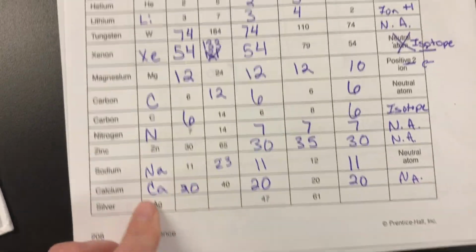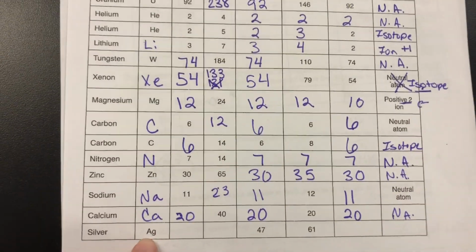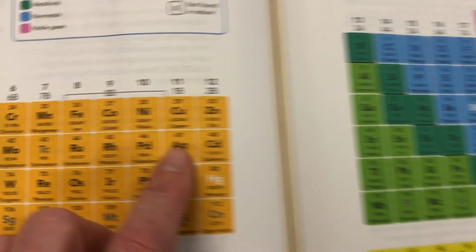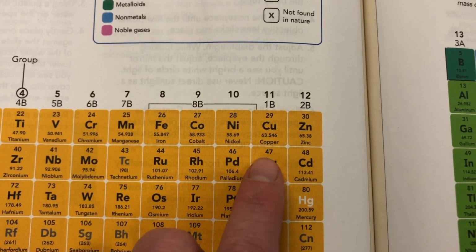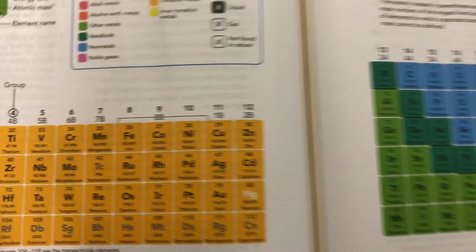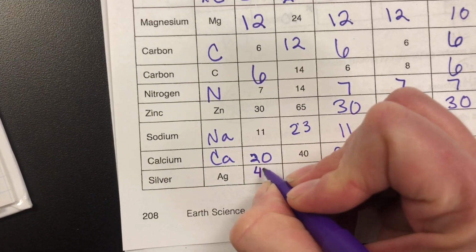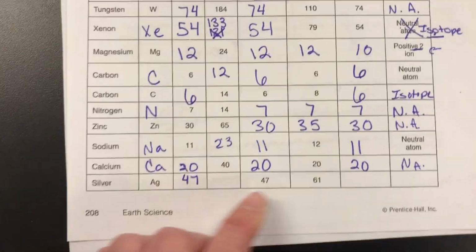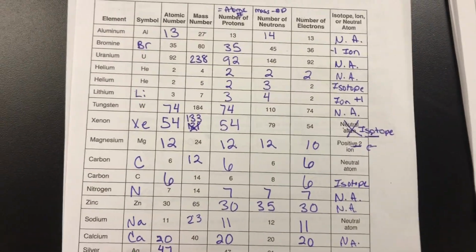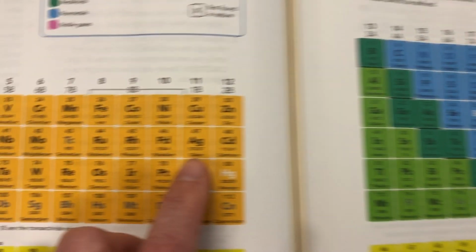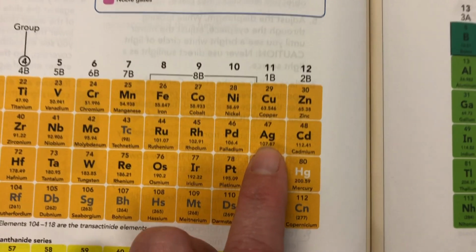And then finally, silver. Chemical symbol Ag, we want to know that atomic number. We find it on our periodic table. The atomic number is up top. That's 47. So we write 47. Okay, then we need to know the mass. So if we go back to our periodic table, the mass is this number below, 107.87.